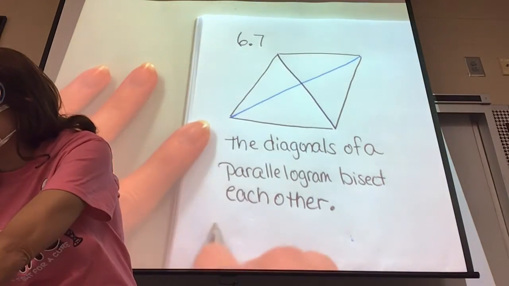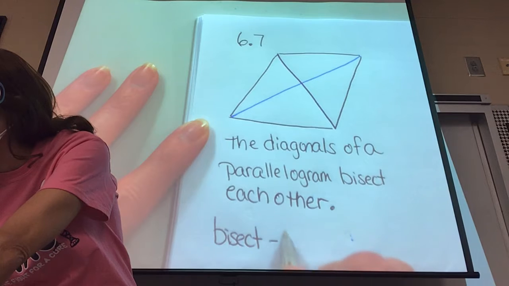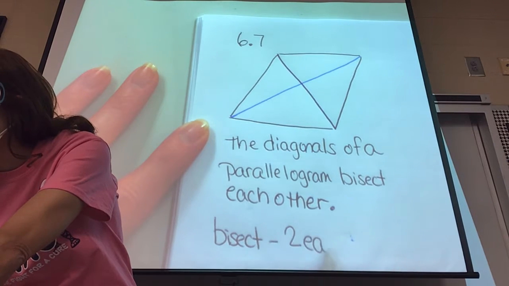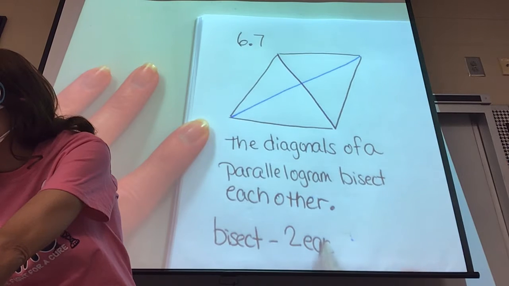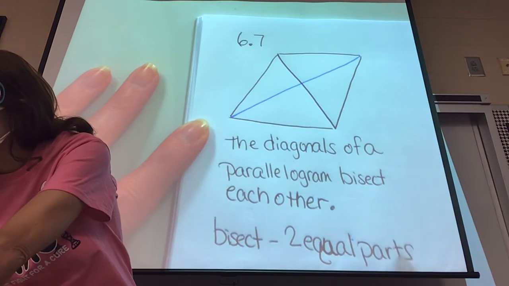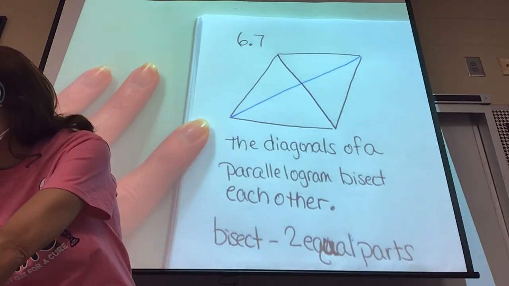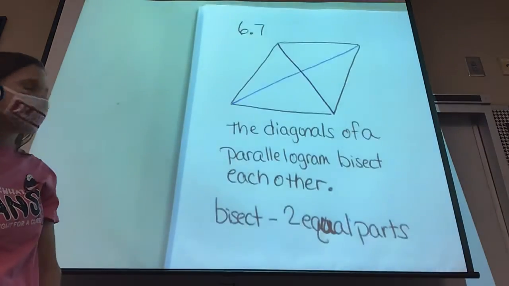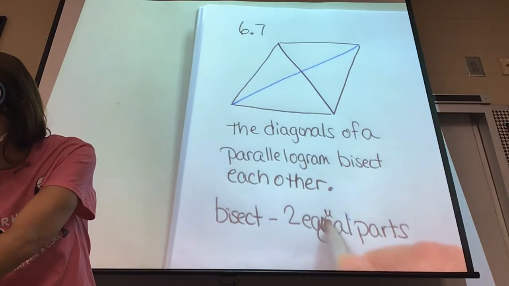So remember, bisect means that you have two equal parts.